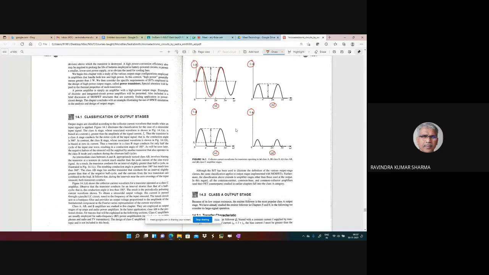And it continues in a similar way. This is called class A amplifier.